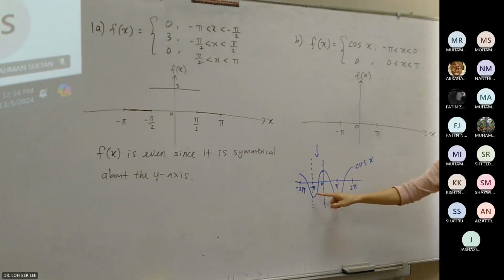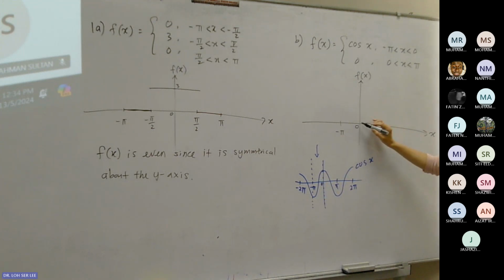We just want this. So this one is -1. Okay, and from 0 up to pi, you get 0. This one.